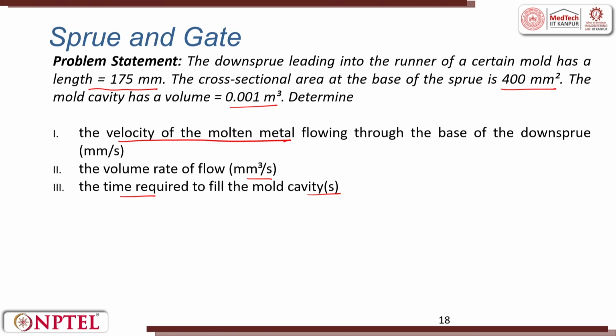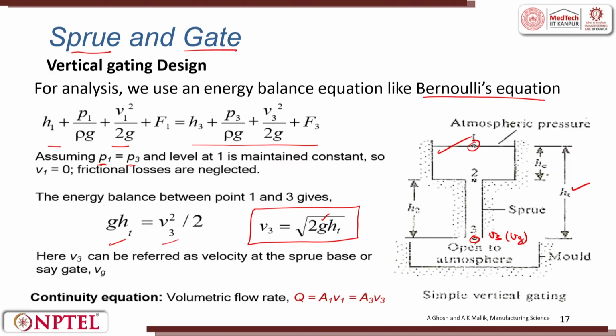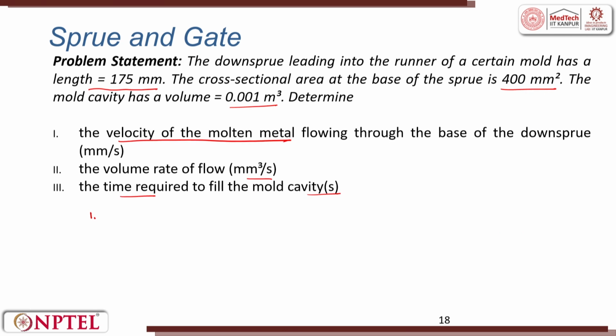First thing is the velocity. Just to recall, the velocity equation we saw here, V3 is equal to the square root of 2gHT. I will call the velocity V, and if I draw a small figure, this is the sprue.